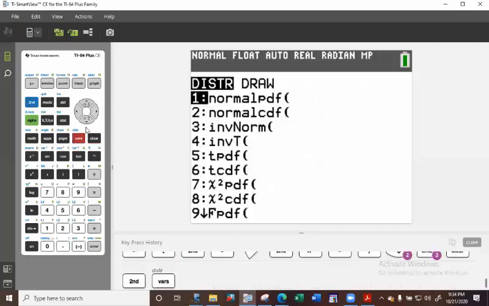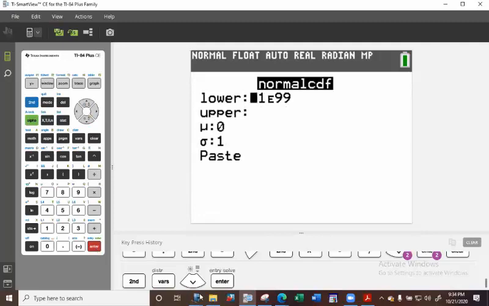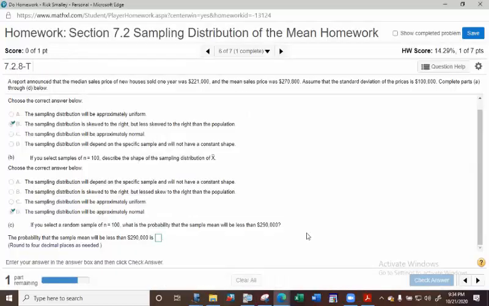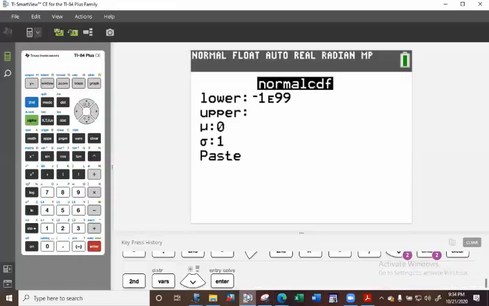Second distribution, normal CDF, less than 290. So we already have it. Yeah, this is the default here. Anytime you come back to this, if you've switched to another function, it always starts out with that. So I'll put in 290,000 in here.